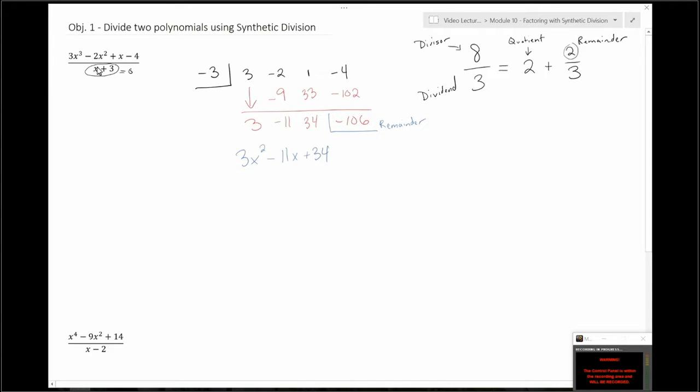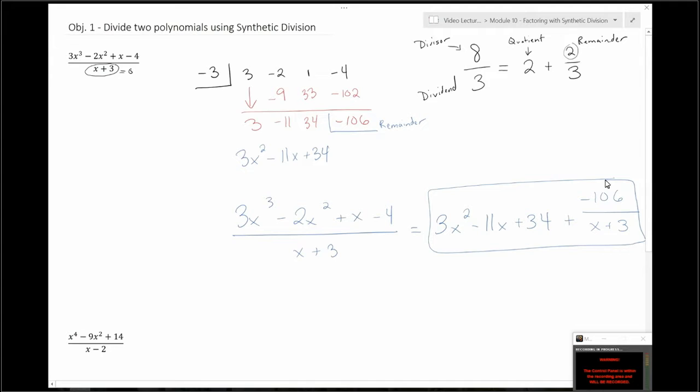So if we're going to write out what this fraction is equal to, well, that would be equal to this polynomial we get plus this remainder over what we were dividing by. So you can see how similar this is to dividing our integers.